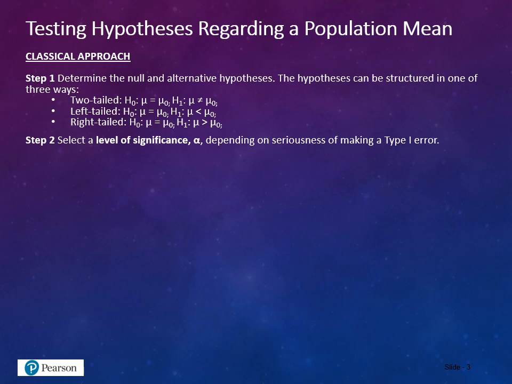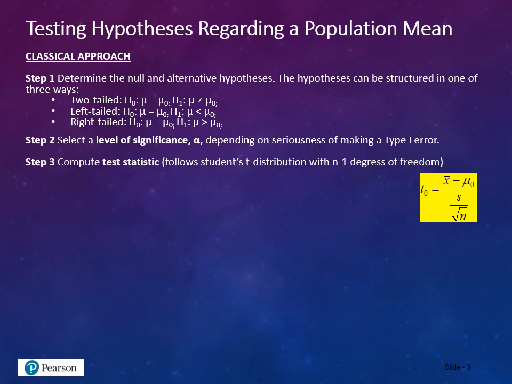So it's a little counterintuitive because remember that the lower the level of significance, the higher your confidence level. So if you want a 99% confidence level, your level of significance is going to be 1% or 0.01. A little counterintuitive there, but again, we've been doing this for a while.